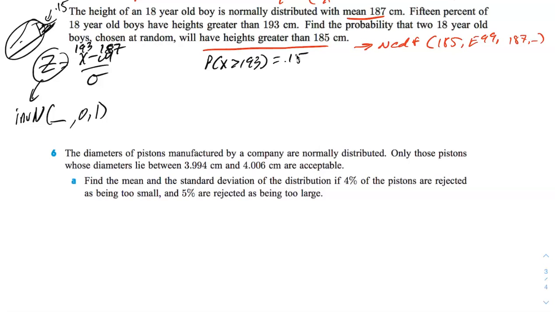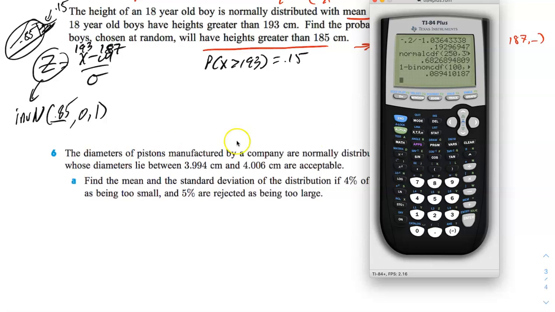So that'd be 1 minus 0.15, which would be 0.85. So 0.85 goes there. Plug this into the calculator. So I need invert normal of 0.85, and I get 1.0364.